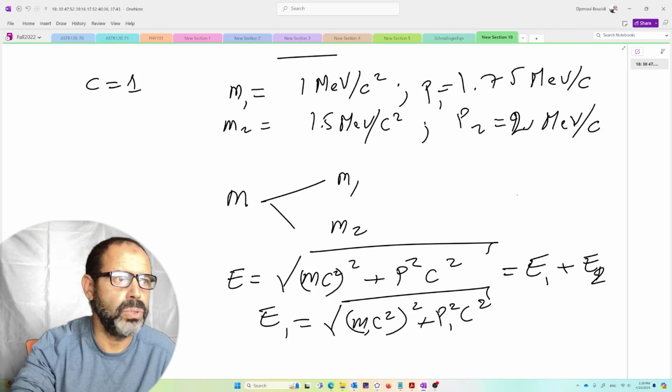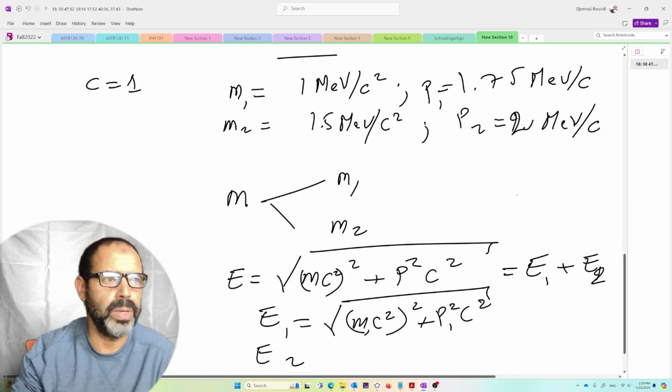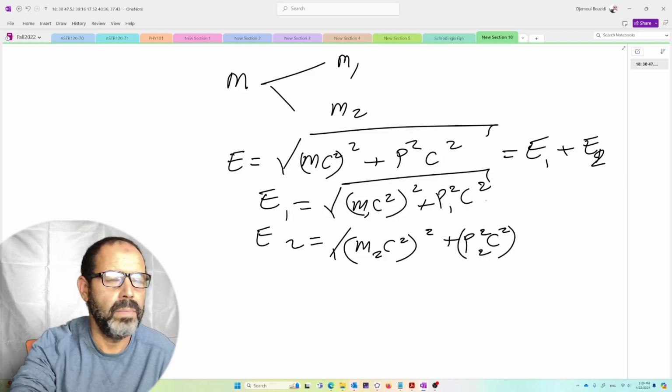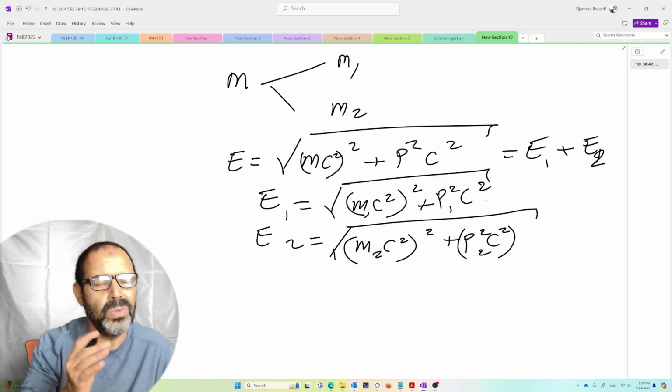Then m2 also carries a different energy, which is its rest energy plus the energy coming from the fact that it's moving. So the energies must be the same.